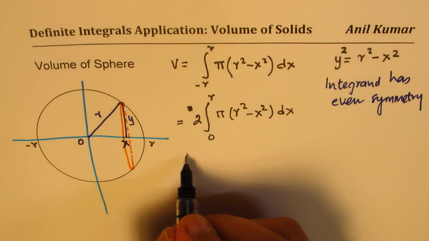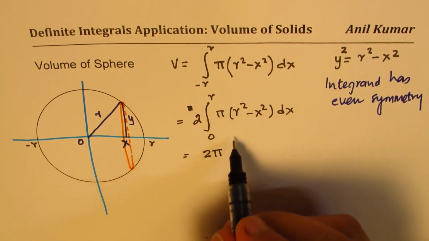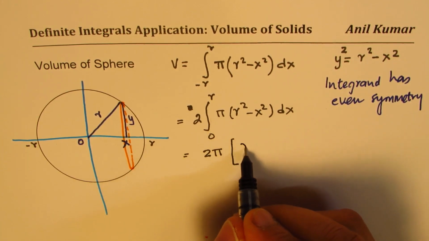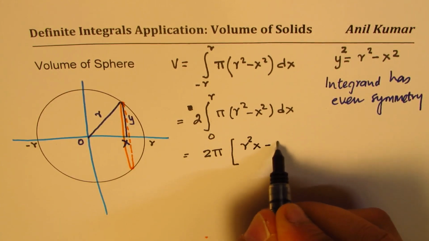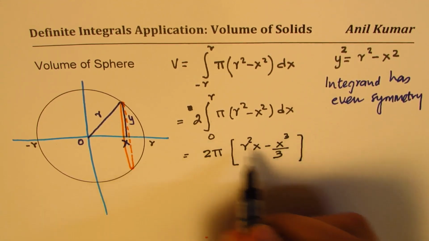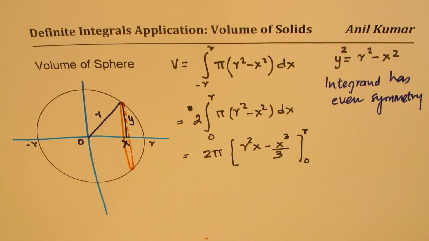Now the integral will be, pi is a constant, so we get 2 pi, and the integral of this portion is r squared x minus x cubed over 3, where the lower bound is 0 and the upper bound is r.